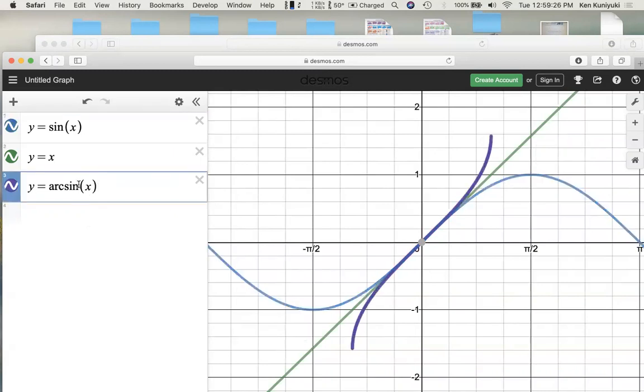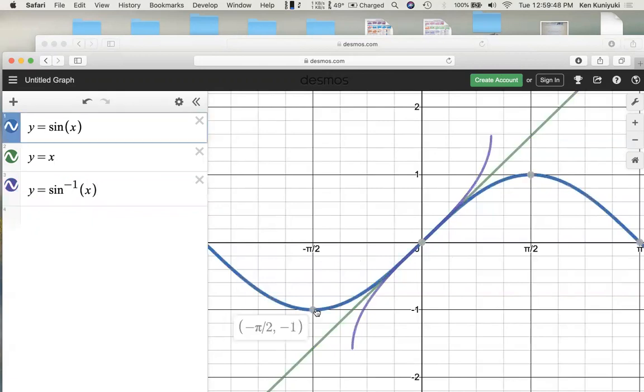By the way, instead of arcsine of x, you could actually do sine with the -1 superscript. It's the same graph. Now, actually, if you care about the coordinates of the inverse sine graph, remember, domains and ranges switch. So notice that here, the domain for the restricted sine function was from -π/2 to π/2.